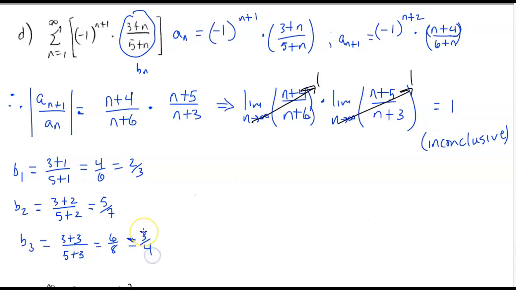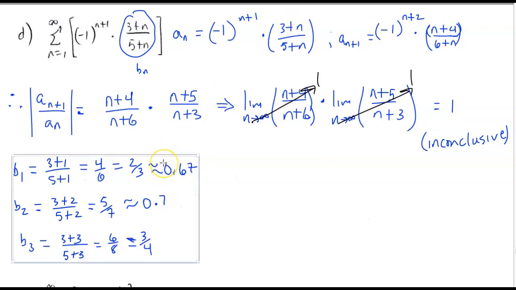And notice here that 2/3, that number is roughly 0.67 here. We also see that 5 over 7 is roughly around 0.71. And of course, 3/4 is exactly 0.75.